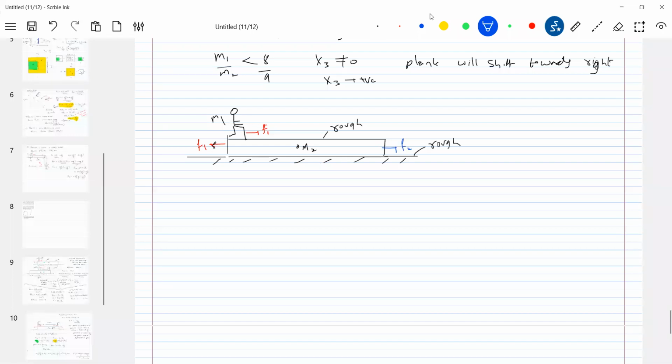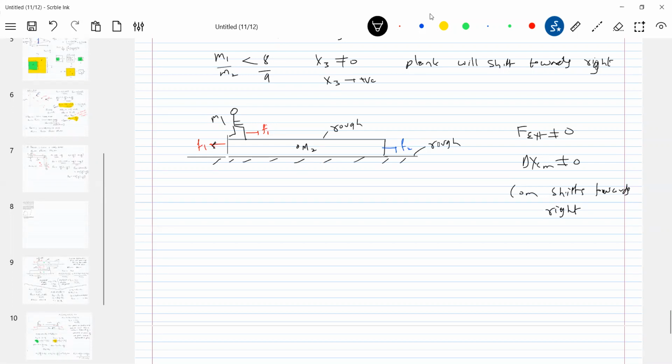What is the net external force acting on the system? F2 is an external force, so the net external force will be non-zero. Tell me what will happen to delta x center of mass. It will be non-zero. Center of mass shifts towards right.